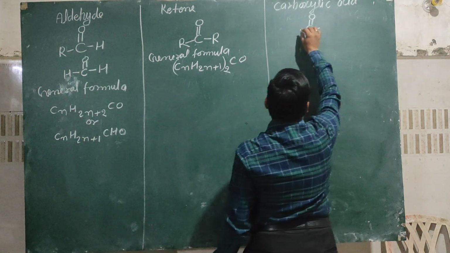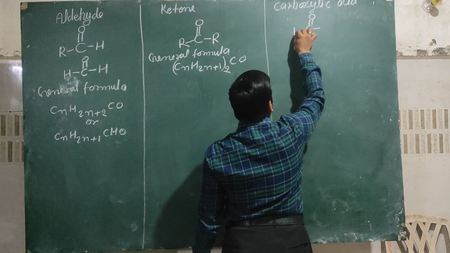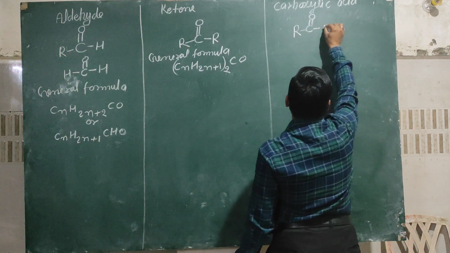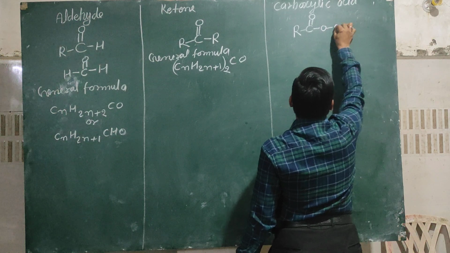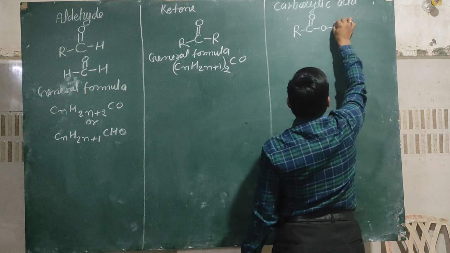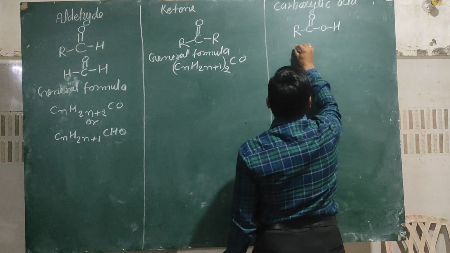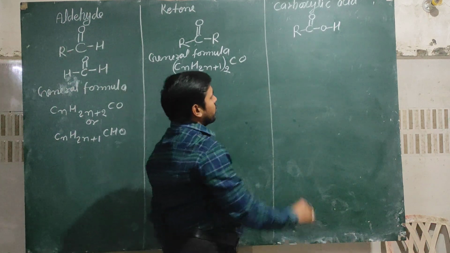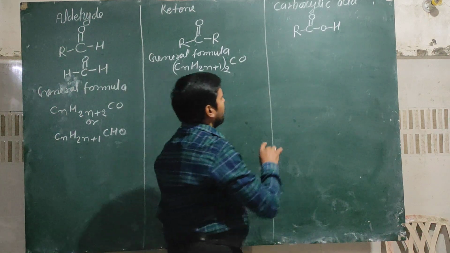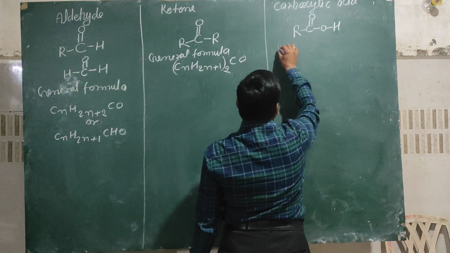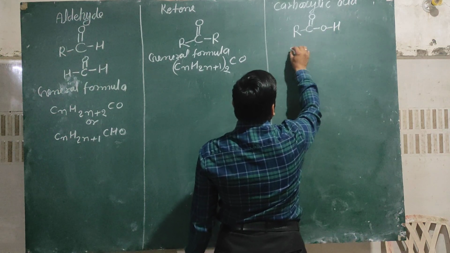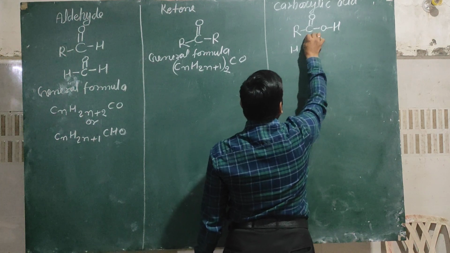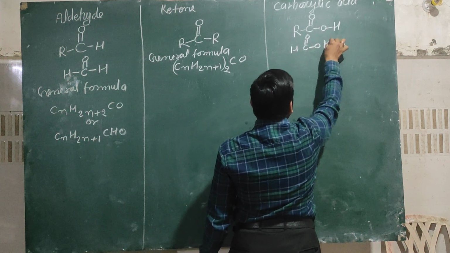But in case of carboxylic acid, when carbonyl group is present in between alkyl and hydroxyl group, then it is known as carboxylic acid except formic acid. Okay, the general formula of formic acid is HC double bond O OH.